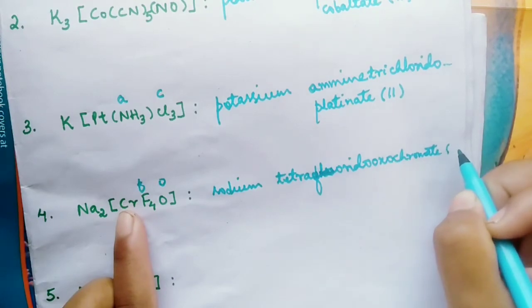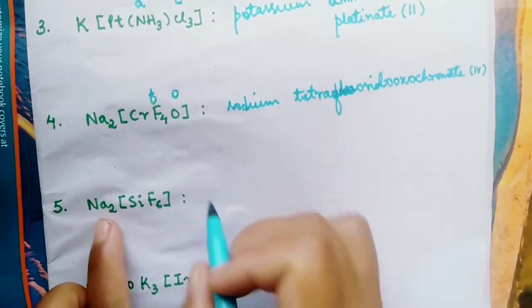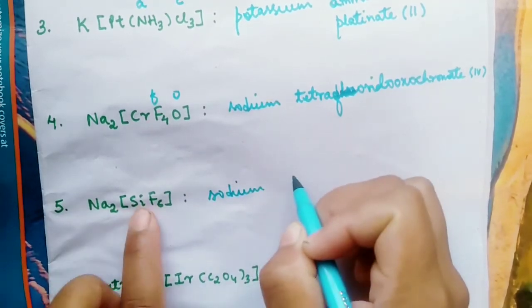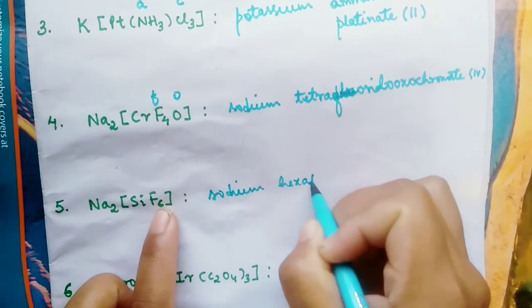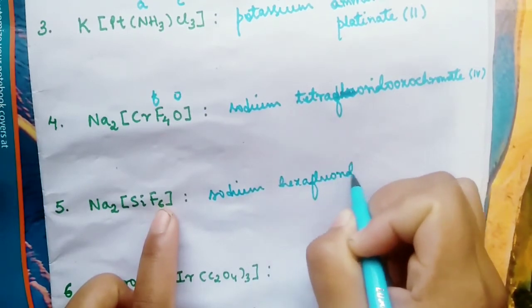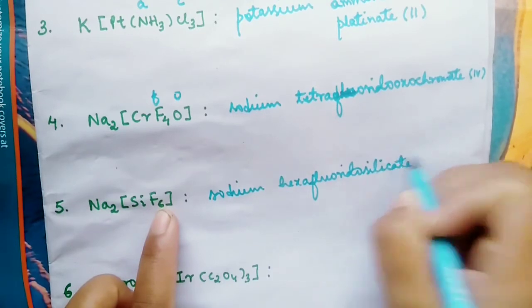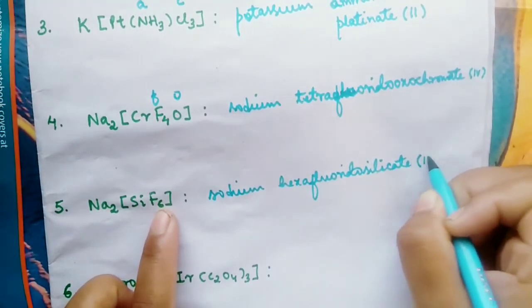And what is the oxidation state? It is 4. We come to this one. Sodium, and then here we have 6, so hexafluorido silicate. It is 4.